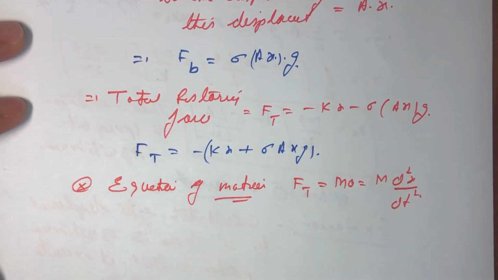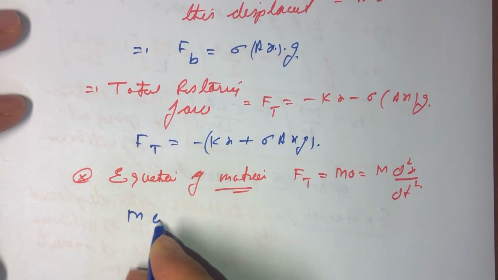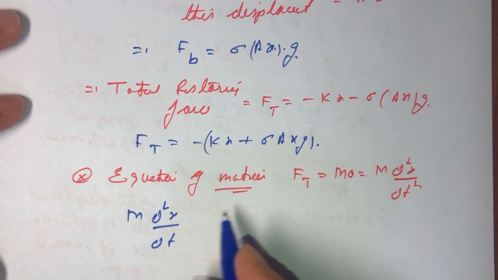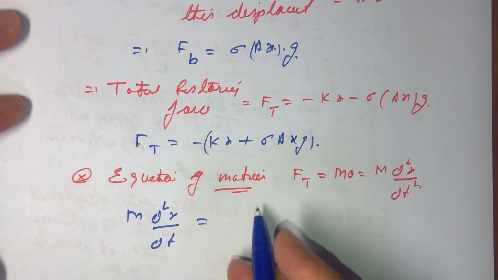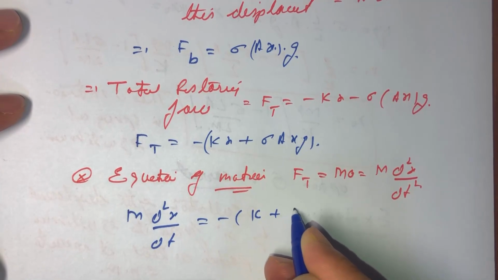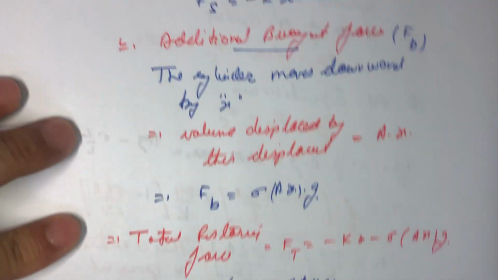So we substitute it, we get mass times the double derivative with respect to time, and this will be equal to minus k plus sigma A g, where x we can take as common.